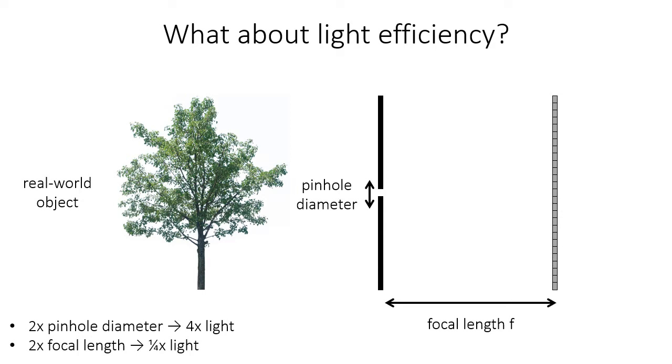It is 4 times more light when we have 2 times the pinhole diameter, and 1/4 times less light when we increase the focal length 2 times, because the ray goes farther from this pinhole, so the amount of light is reduced.